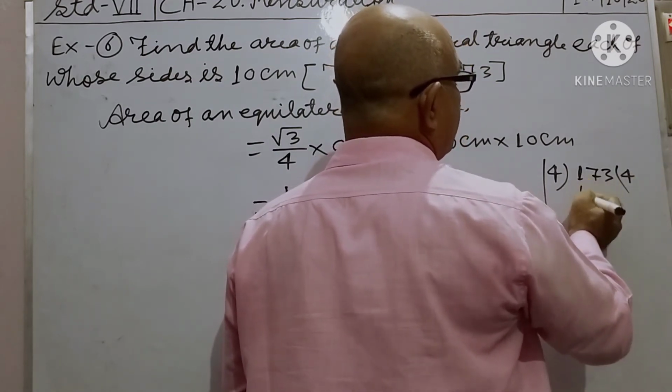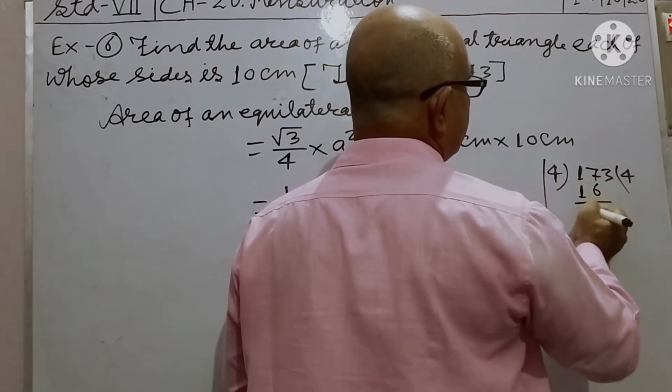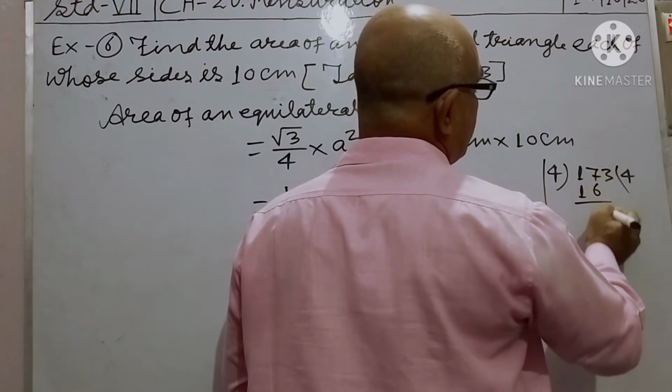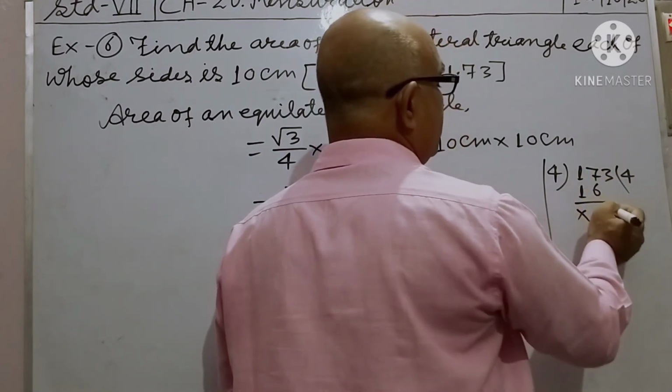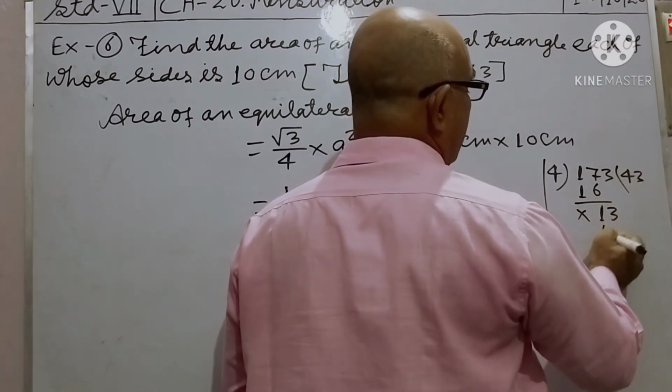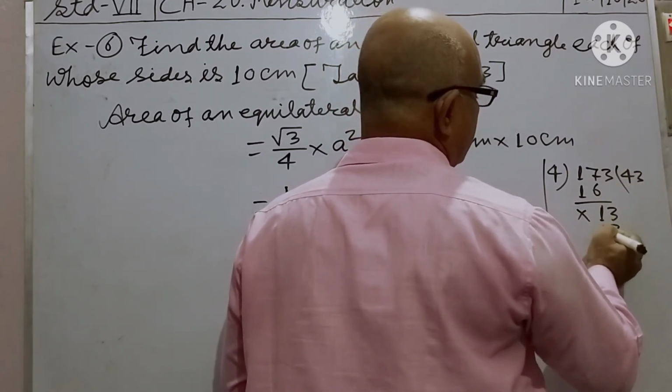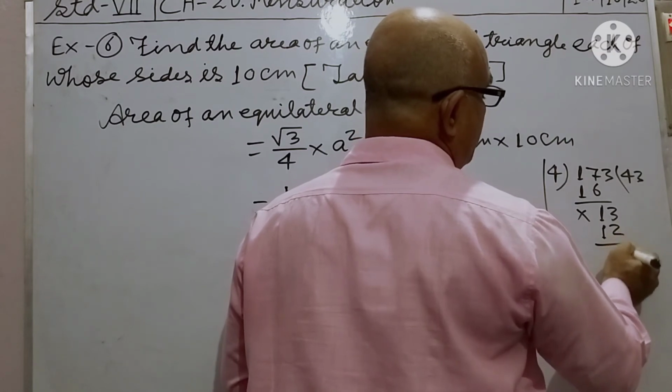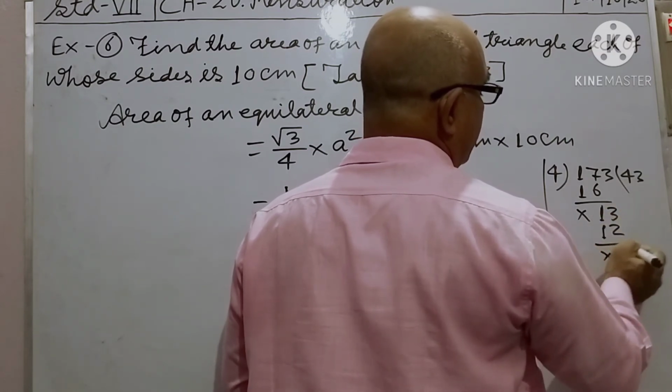4 4 are 16. 7 minus 6, 1. 1 and 3 come down. 4 3 are 12. 3 minus 2, 1, and 1 1 cancel.